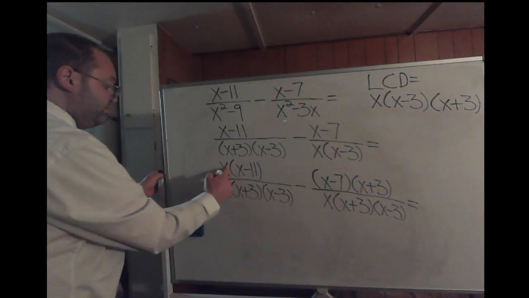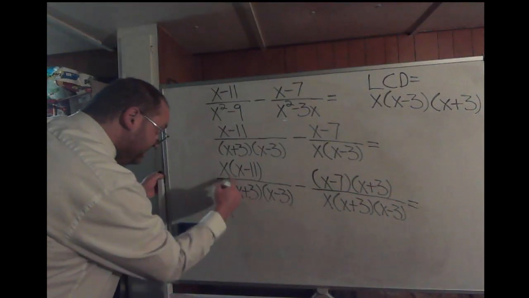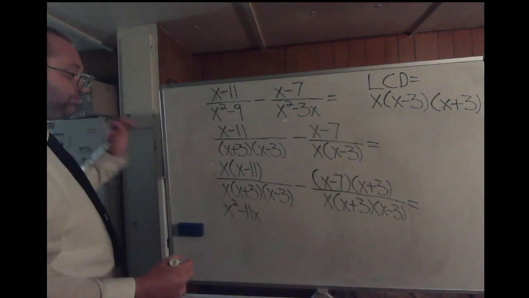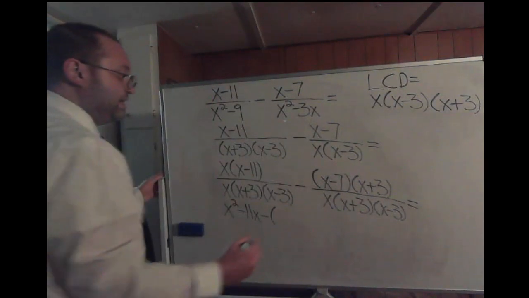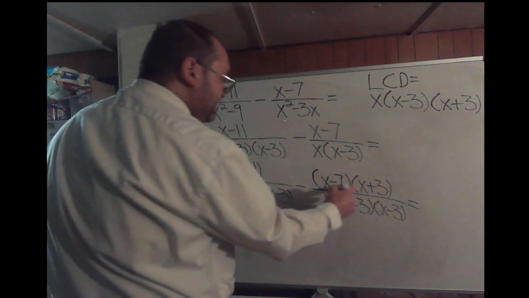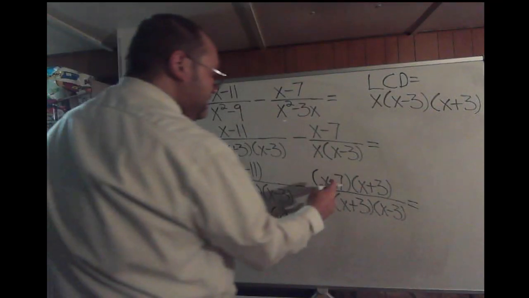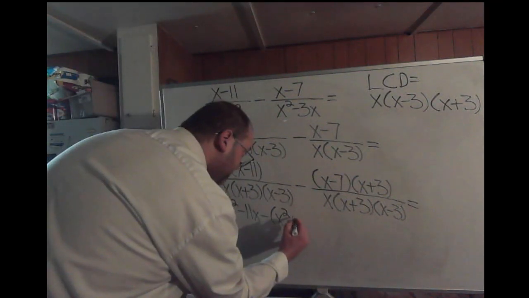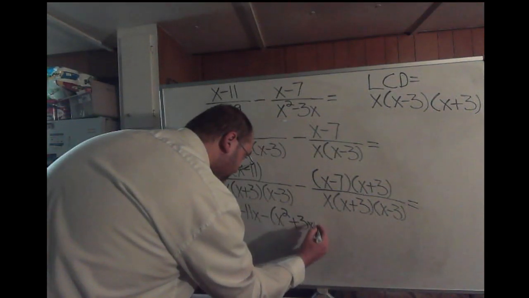First one, the numerator, x times x, well that's x squared, minus 11x, minus, let's forget about the negative sign for a minute, x times x, that's x squared, then x times positive 3x, that's plus 3x.